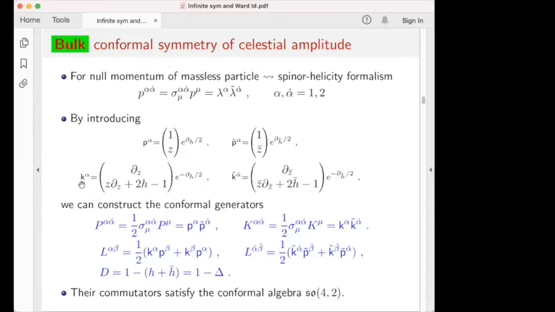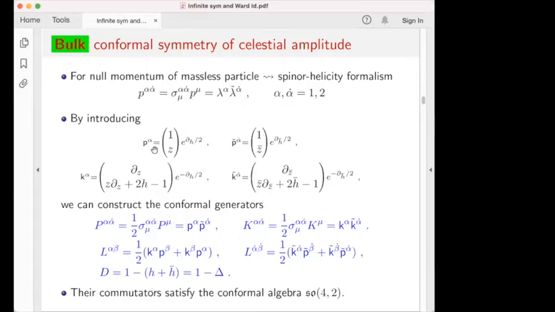Now we have this k and k tilde here. For k, we have 2 components, ∂_z and z∂_z plus 2h minus 1, multiplied by this shift operation. As with translation, we can consider the product of k and k tilde and form this 2x2 matrix. Then we can convert it to this K_μ, and this is just the special conformal generator.